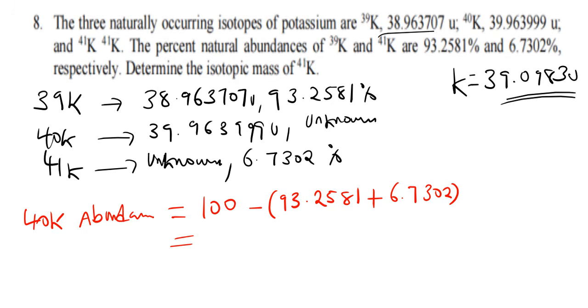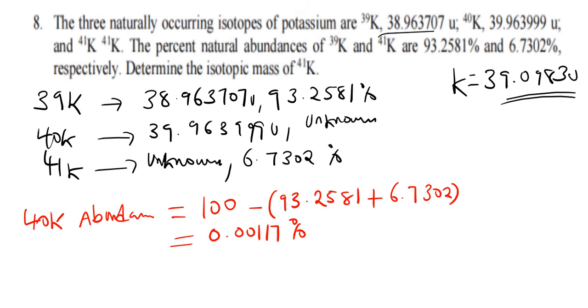So I'm removing 93% and 6.7% to find the other abundance. In this case I've got 100 minus 93.2581 plus 6.7302. I'm going to get 0.0117%. It's a very, very small number. If we're going to write this one as a fraction, just remove the percent there.